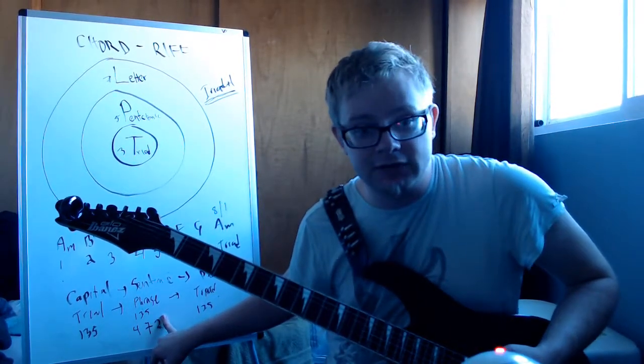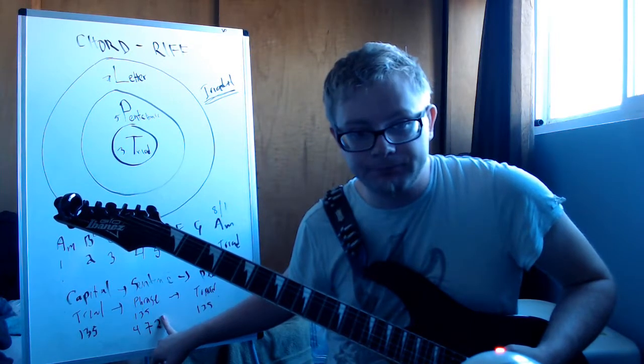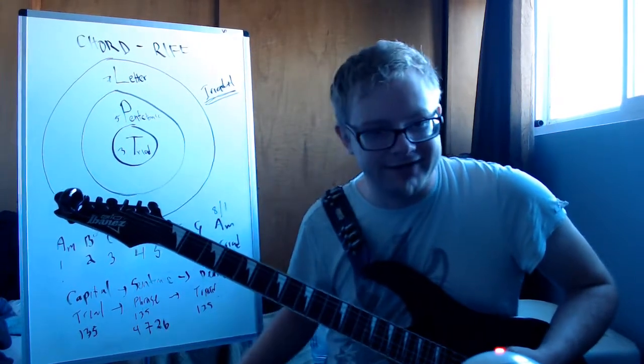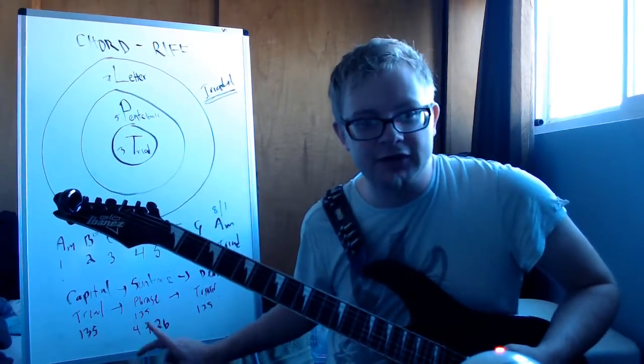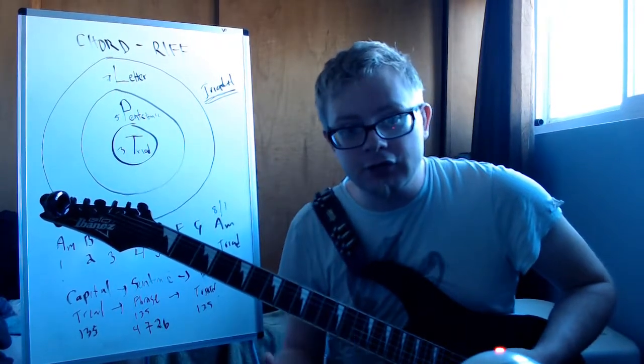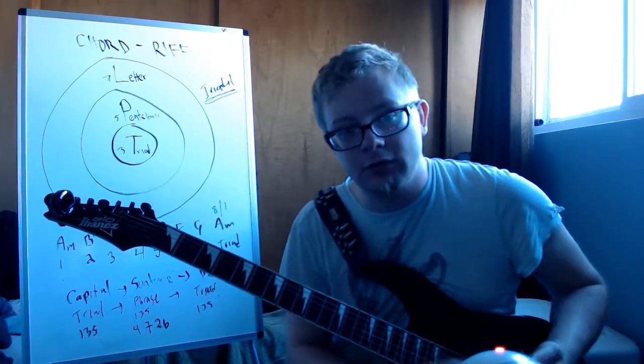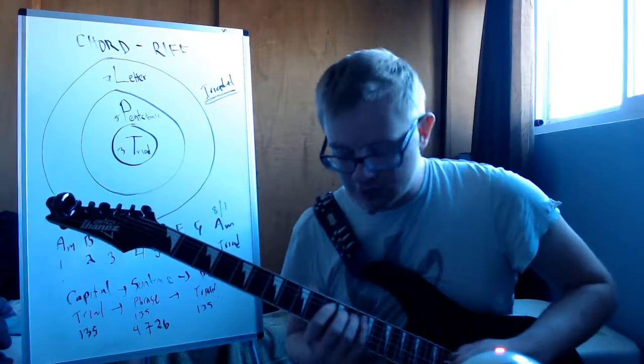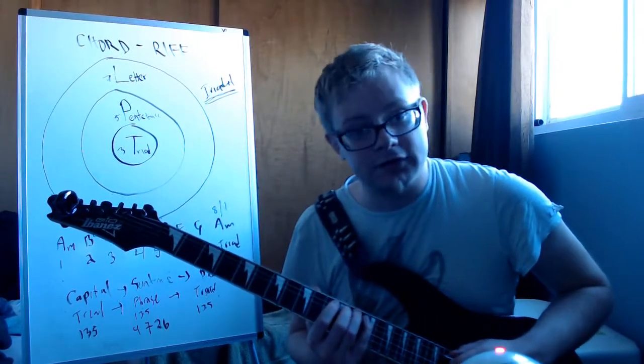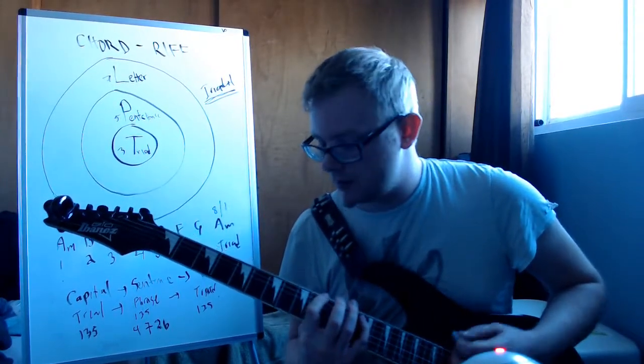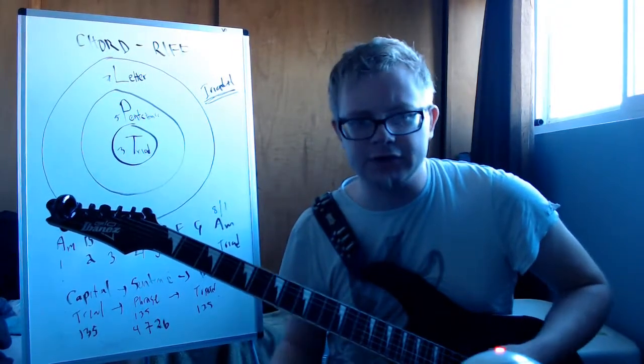There's literally no difference between these two positions. Well, yes, that's very important. If we add the 6, all of a sudden we get to choose, are we going to be jamming in the Dorian or are we going to be jamming in the minor? In the D position, we're going to jam in Dorian, so the 6 is going to be the major. And here we've got the minor 6.